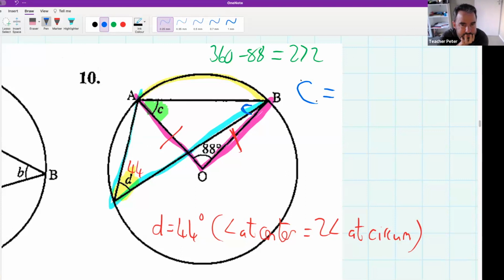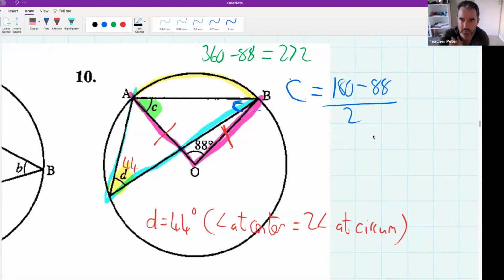I think this angle must be C as well. Yeah, so C is going to be 180 minus 88, divided by 2, because there's two of those. And there's actually two reasons that you're using there.